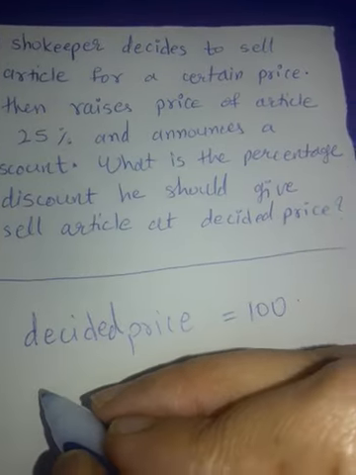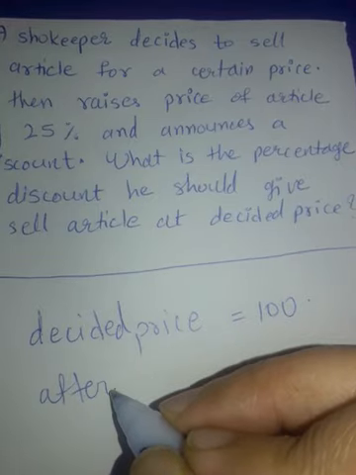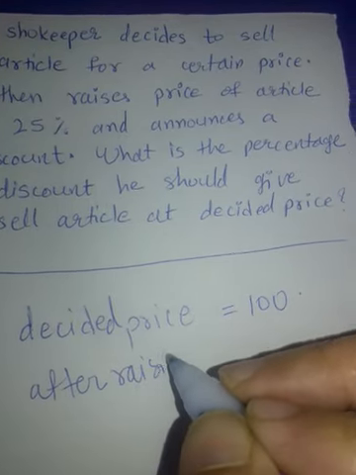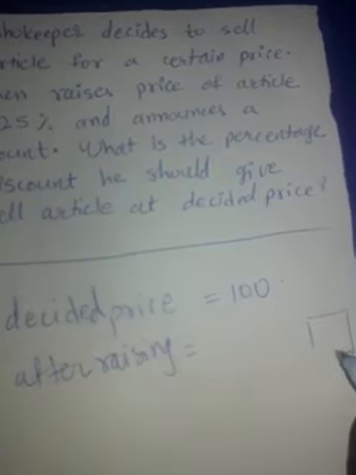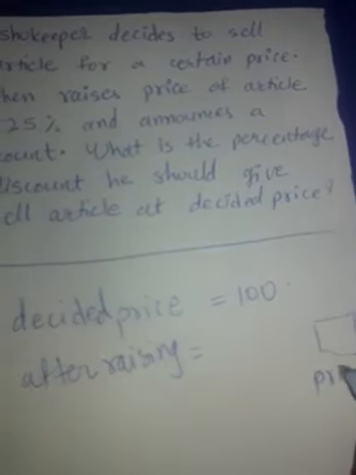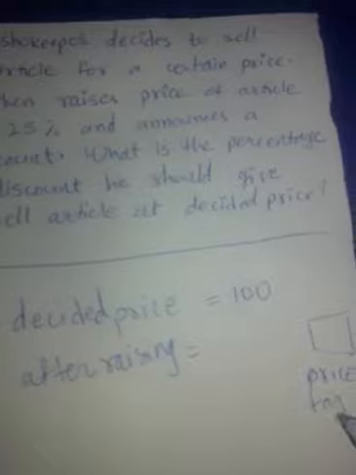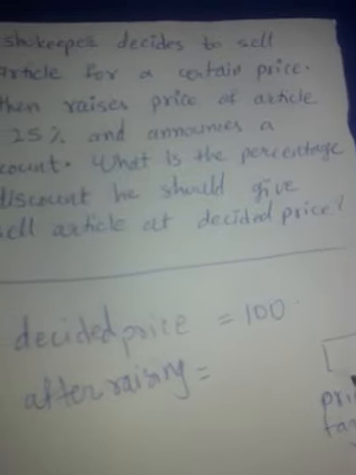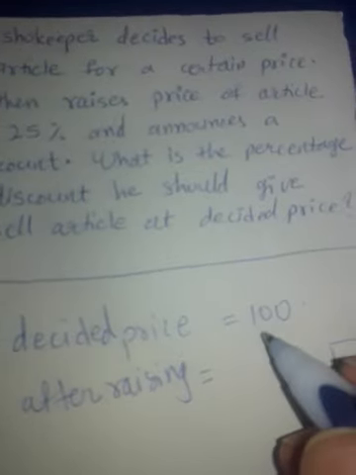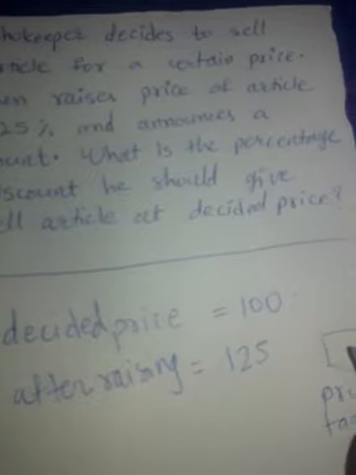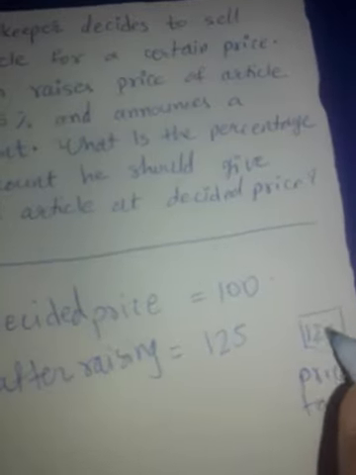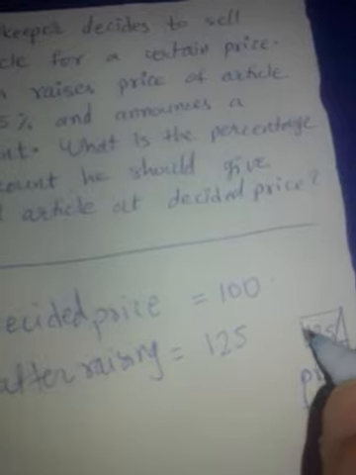That means after raising the price, he will put a tag on it. Price tag. Do you know price tag? On that, what will be the value? 25% raise, so 25 on 100. So it will be 125. He is very smart. He will put a tag of 125.